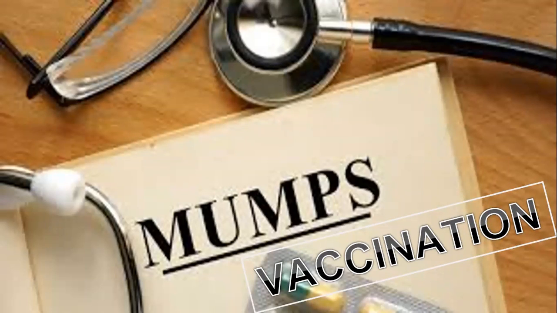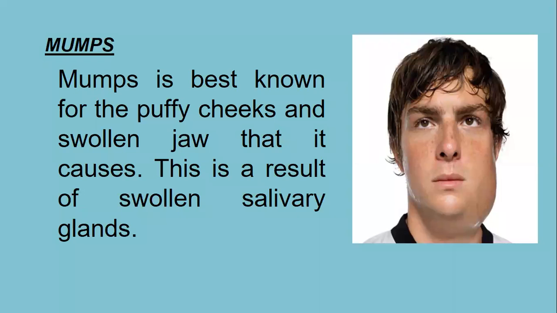So this is all about mumps vaccination. So what is mumps? Mumps is best known for the puffy cheeks and swollen jaw that it causes. This is a result of swollen salivary glands.